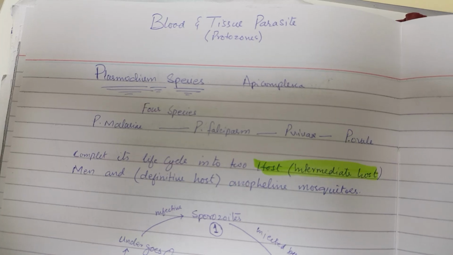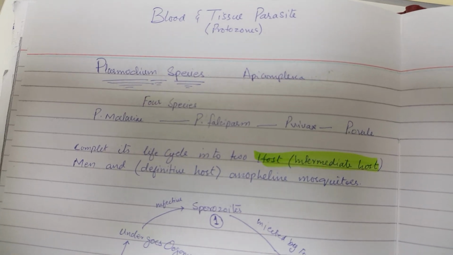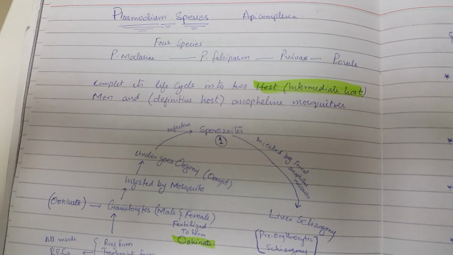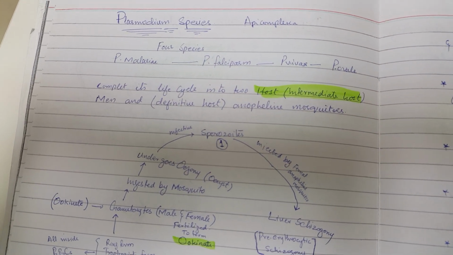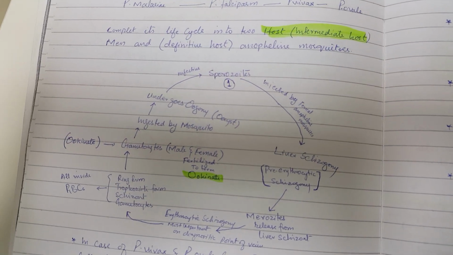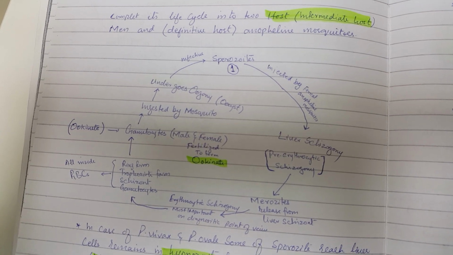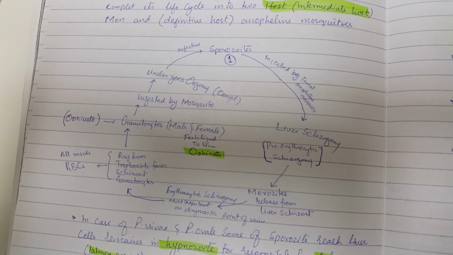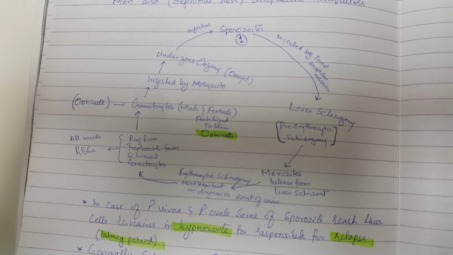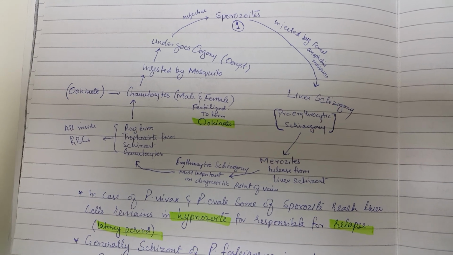Blood and tissue parasites are protozoans, and you can see the Plasmodium species are Apicomplexa. They are Plasmodium malariae, falciparum, vivax, and ovale, and the intermediate host is man. The definitive host is the Anopheles mosquito, and number one is sporozoites, which are injected by the female Anopheles mosquito, then liver schizogony, the pre-erythrocytic schizogony, and merozoite release from the liver schizont, and then erythrocytic schizogony, which is most important from a diagnostic point of view.